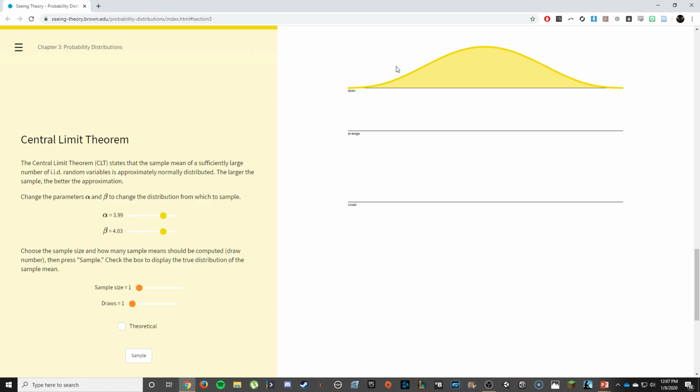So what we see is that the population is some kind of normal curve. What I really want to show here is the impact of sample size, because this is our other big thing for today. With this first example, we're just going to set the sample size to 1 and do one draw. So we're just going to pick randomly from this population.